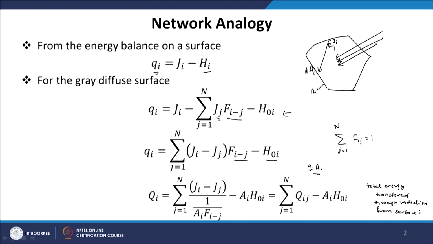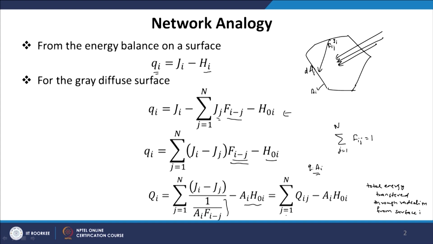So, we multiply by the area Ai and we write it as capital Qi. So, capital Qi is equal to summation of (Ji minus Jj), and we have taken the view factor into the denominator. We write this as 1 upon Ai Fij, minus Ai H0i.